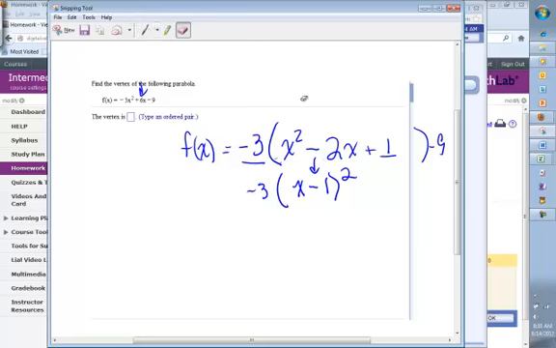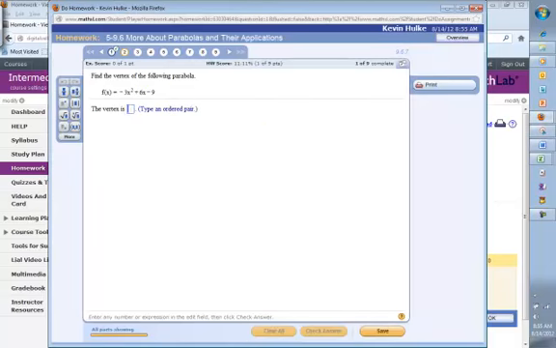It was -1 inside the parentheses, so we're going to make it +3 outside the parentheses. So that 3 minus 9 is -6. 1 comma -6. So parentheses, 1 comma -6.